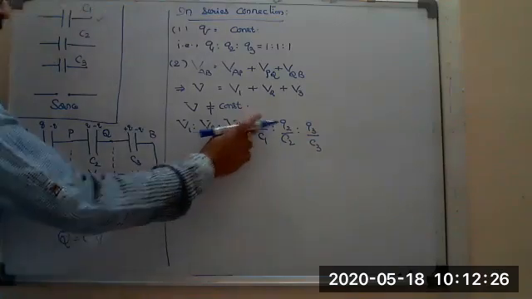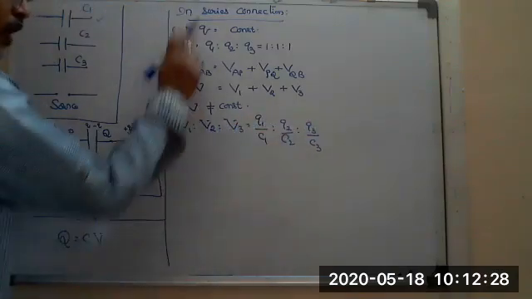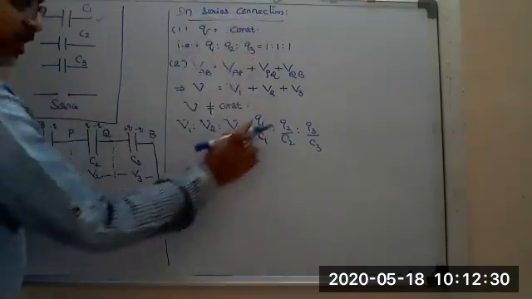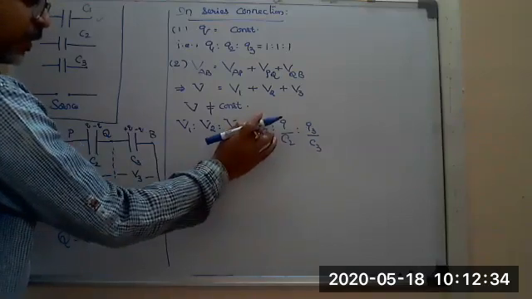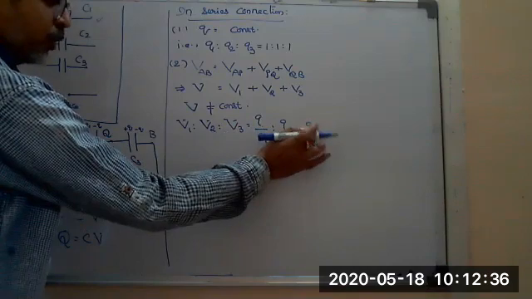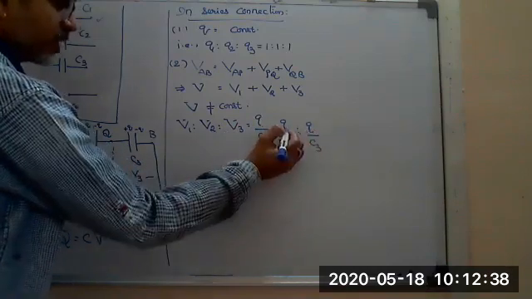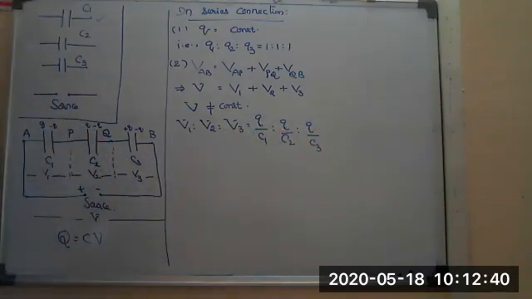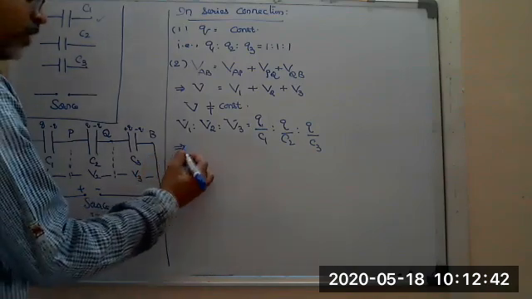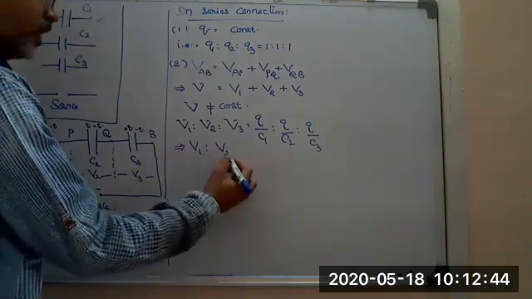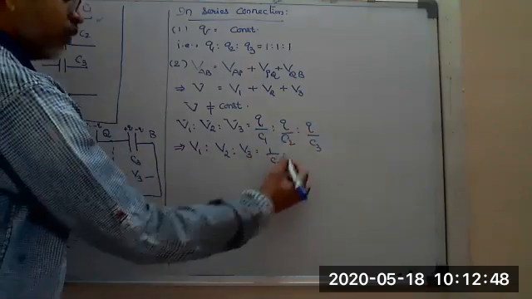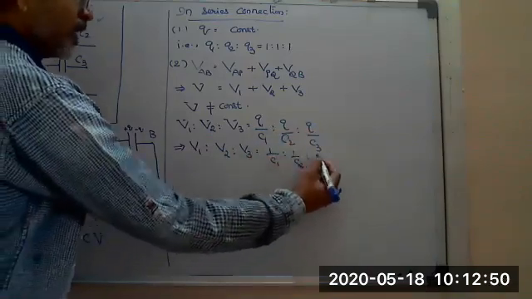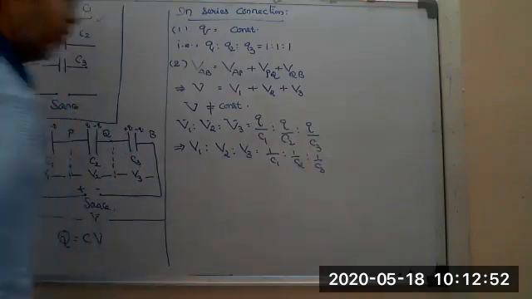But here there is no need to write Q1, Q2, Q3, because Q is a constant. So I can write Q by C1, Q by C2 and Q by C3. So you are getting the ratio V1 is to V2 is to V3 equals, by cancelling the term Q, 1 by C1 is to 1 by C2 is to 1 by C3.